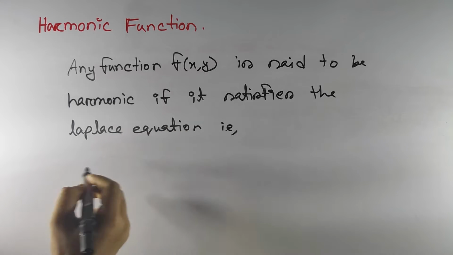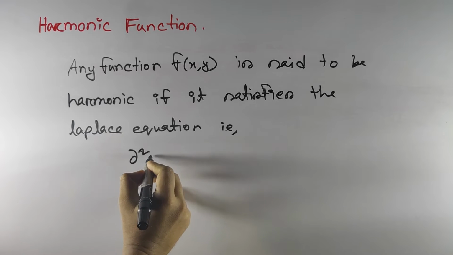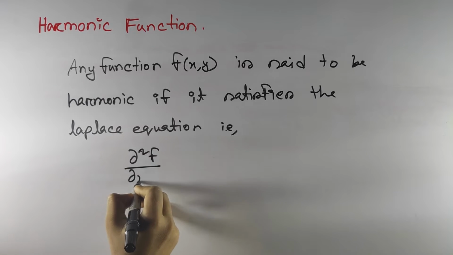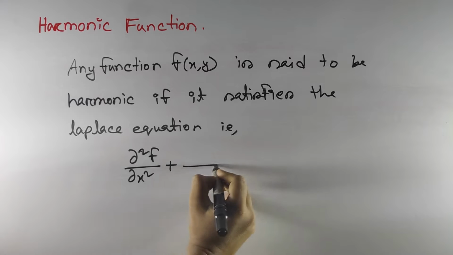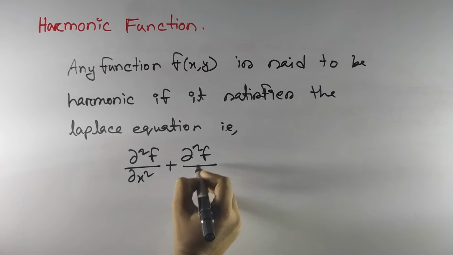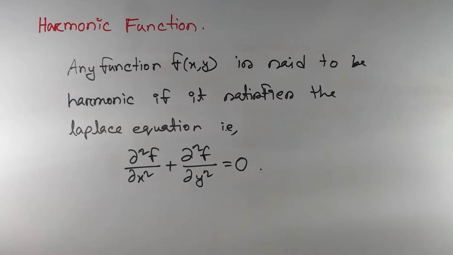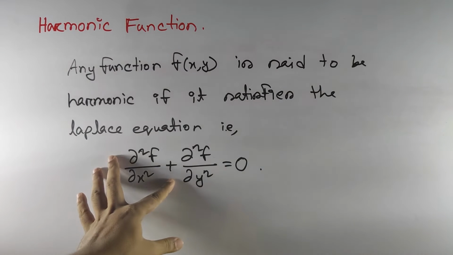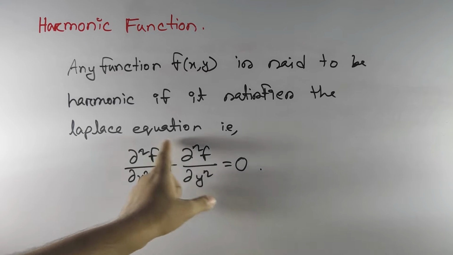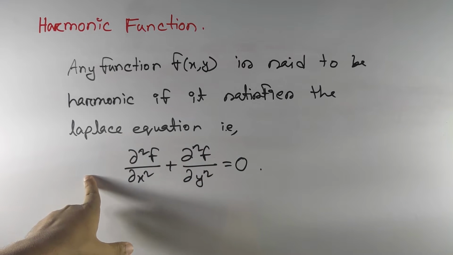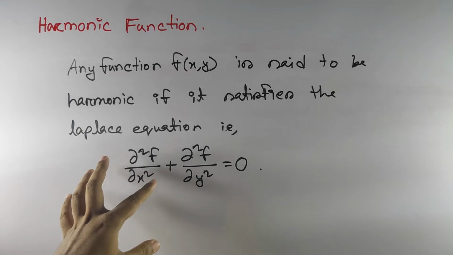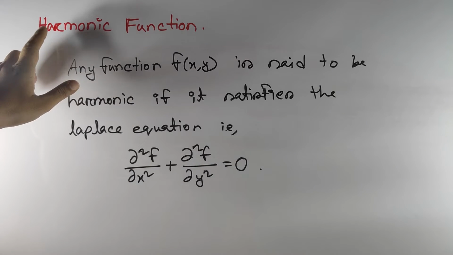That is, del 2f del x square plus del 2f del y square is equal to 0. If any function satisfies this Laplace equation, then the function is called a harmonic function.